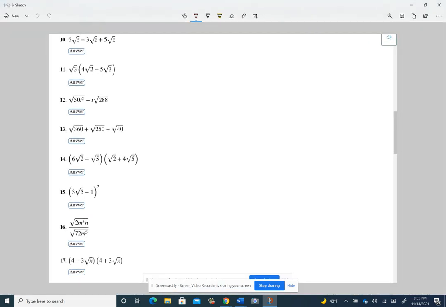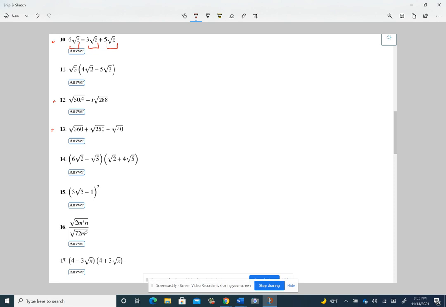All right. So here we're looking at problems where you're just adding and subtracting, like 10, 12, 13. But then on others, you have to multiply first before you add or subtract. So like on number 10, you already have like radicals.